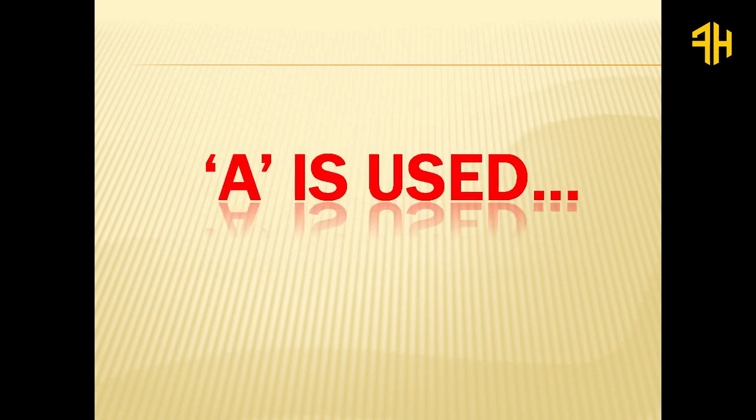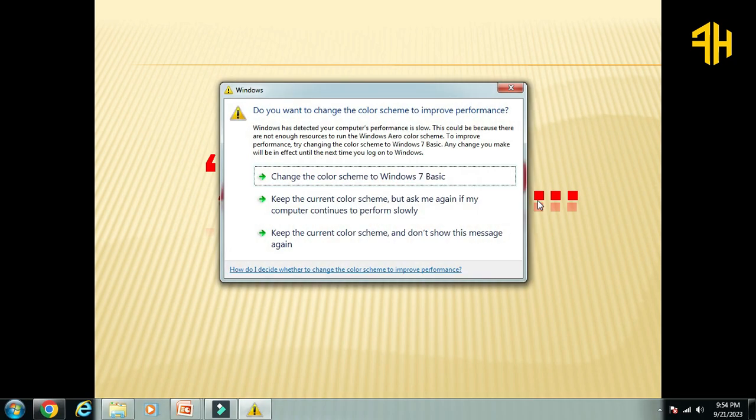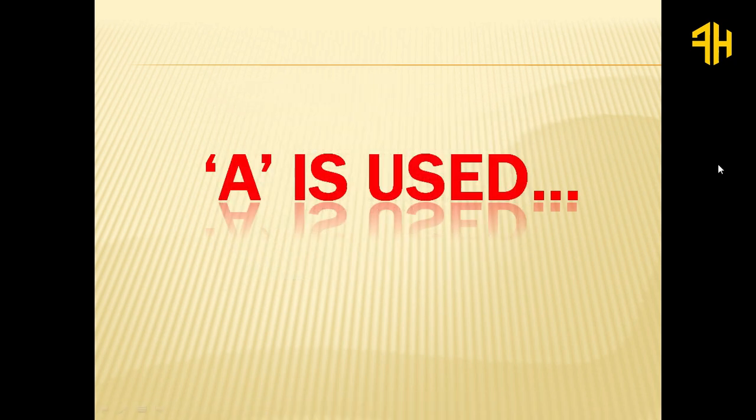A is used before a singular noun beginning with a consonant sound, that is a boy, a bird, a book, a school, a dog, even before vowel letters which don't have a vowel sound, that is a unit, a union.